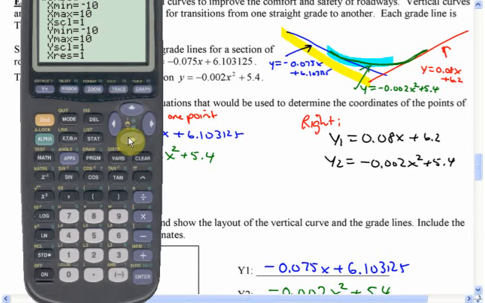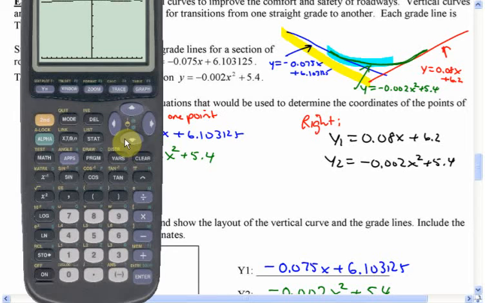Well, let's look at my window. Let's change my y min to 0, my y max to, let's say, 6. And let's see what happens here now. There's my downward. There's my parabola. There's my upward.